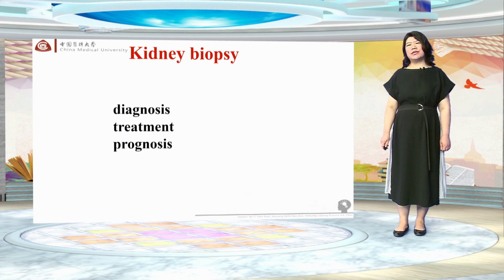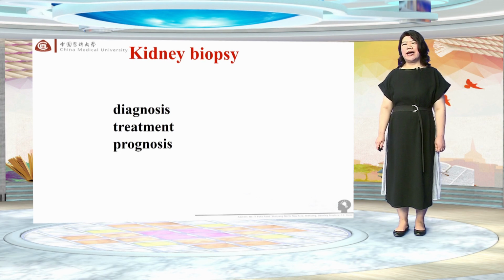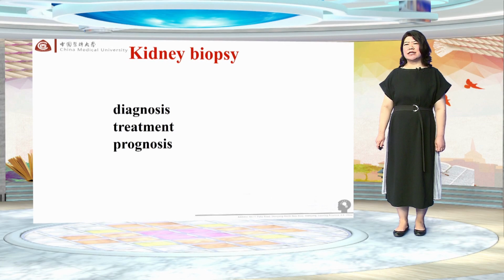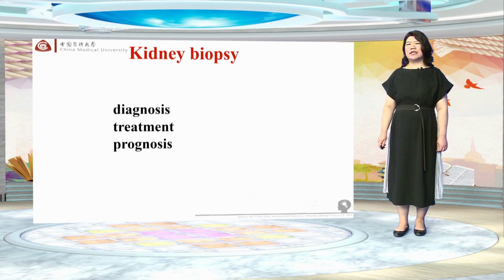For class 3 and class 4, we need to choose a high dosage of corticosteroids and cytotoxic drugs. For the end stage, class 6 lupus nephritis, drug therapy is probably not useful. Patients may need renal transplantation or dialysis.